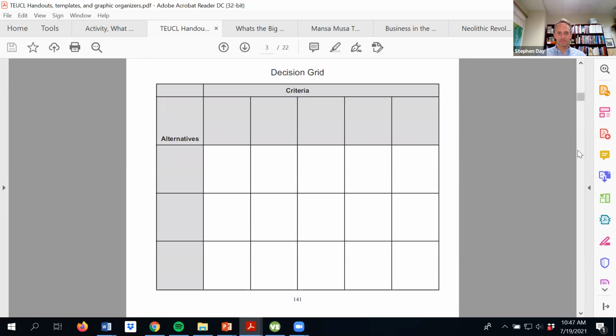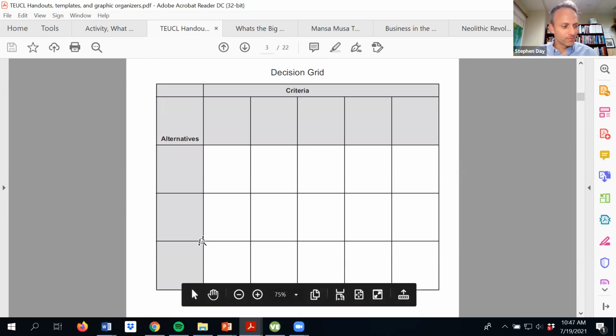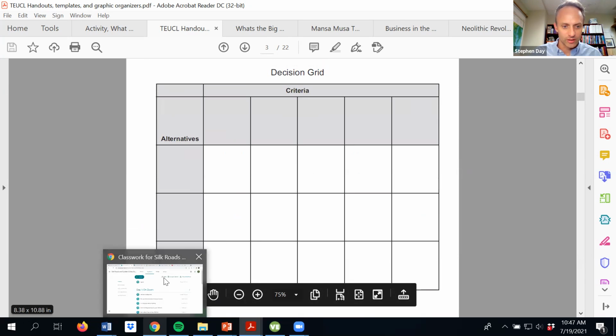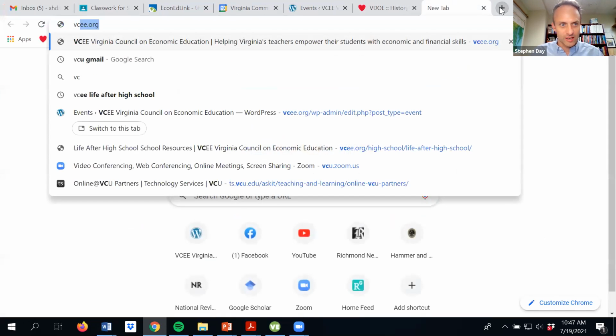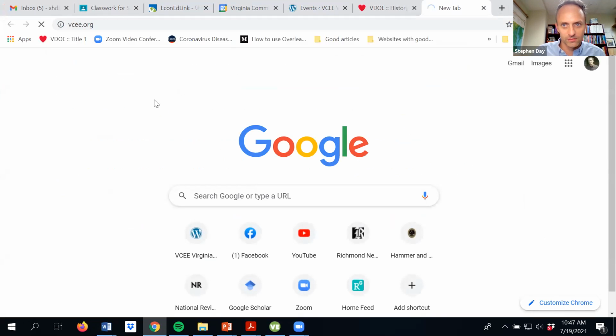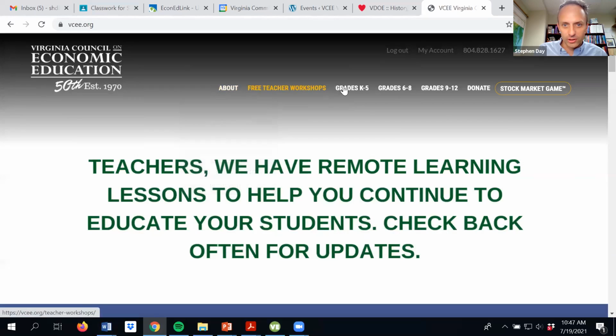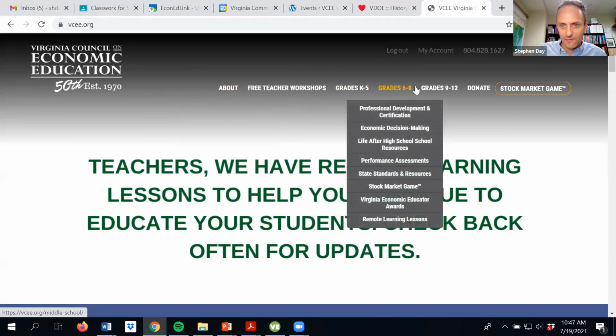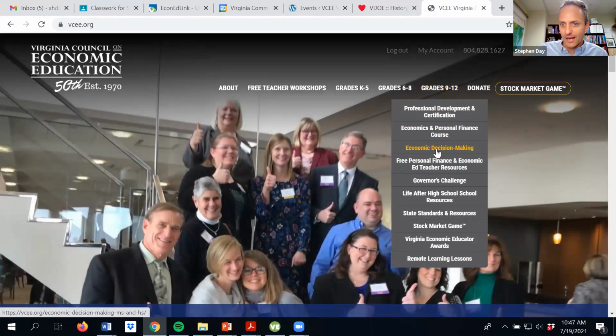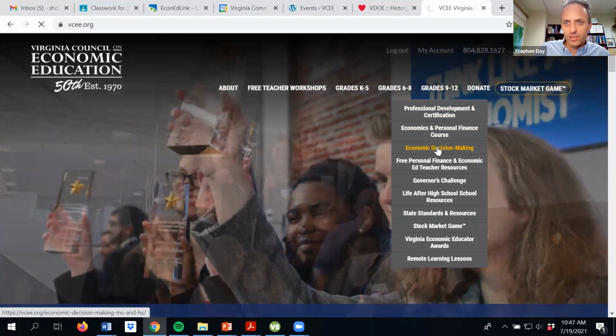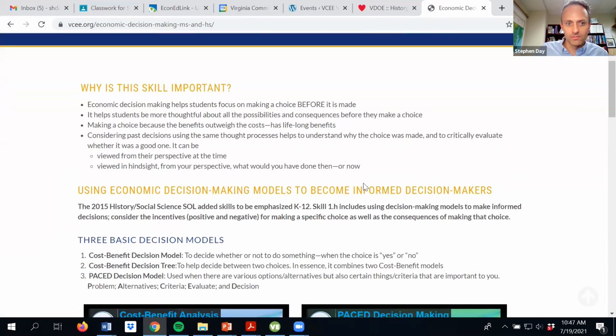PACE decision grid. Now, let me show you a resource you can use for this to find it in the future. If you go to the Virginia Council on Economic Education website and go here to any grade K-5, 6-8, or 9-12, and go to economic decision making, we've made resources for you on this.